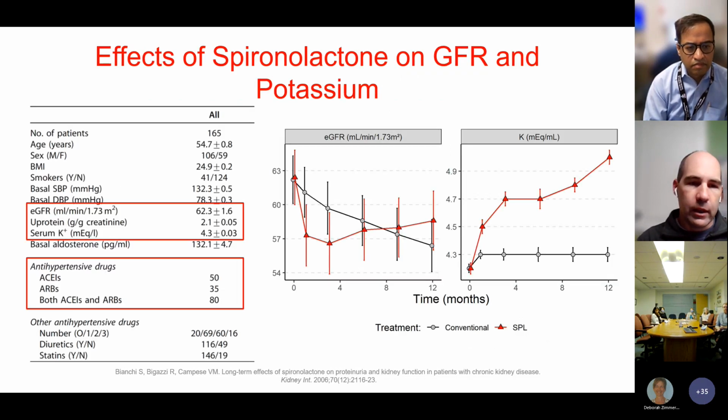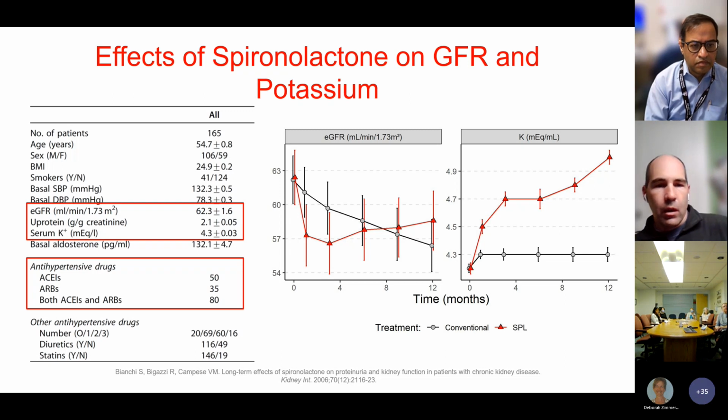And then we start to get, actually the same group does a little bit of a better comparison. So Bianchi and colleagues took these same groups of patients with proteinuric kidney disease and reasonable GFR, so average of 60, but they had significant proteinuria, 2 grams a day, fairly normal potassium.